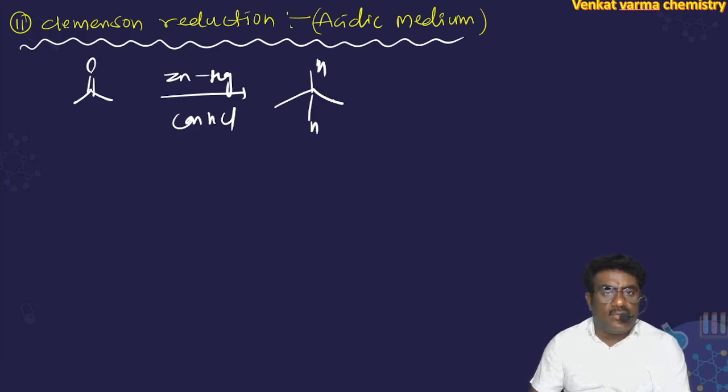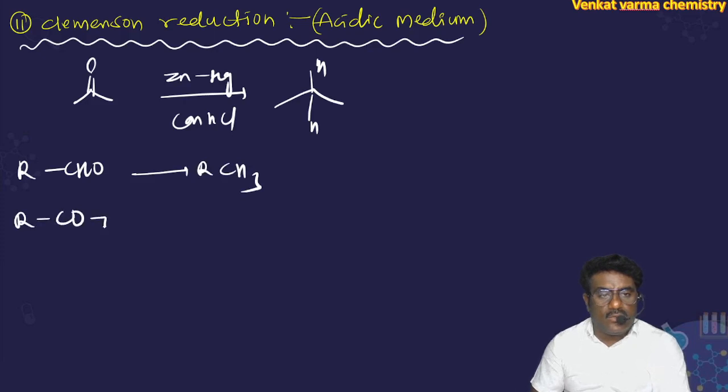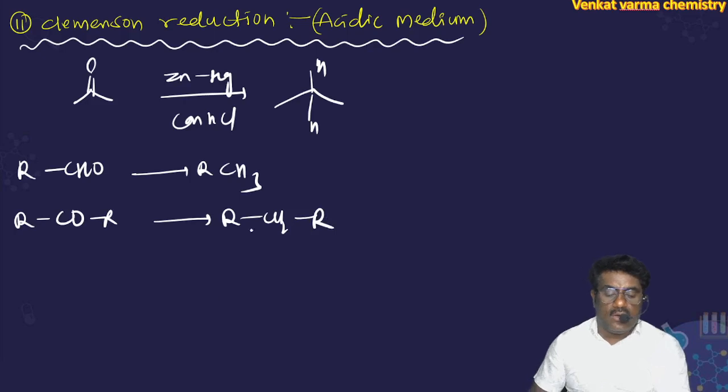The carbonyl compound is converted to alkane. The aldehyde RCHO forms RCH3, and RCOR forms RCH2R. That is the Clemmensen reduction.